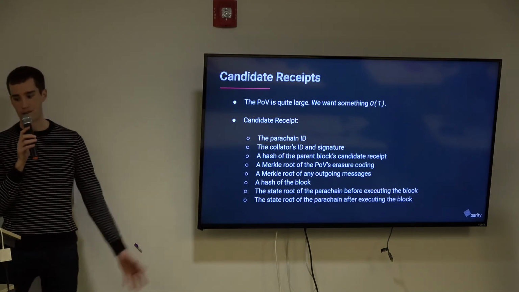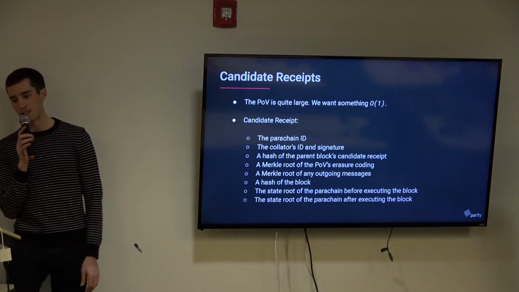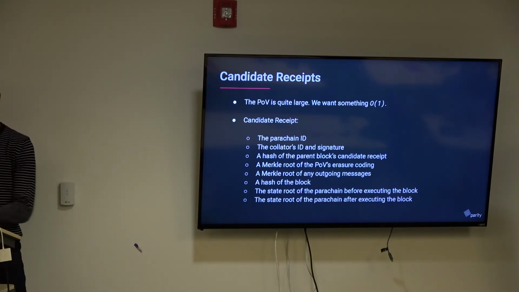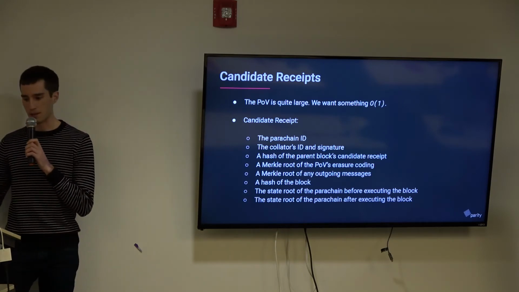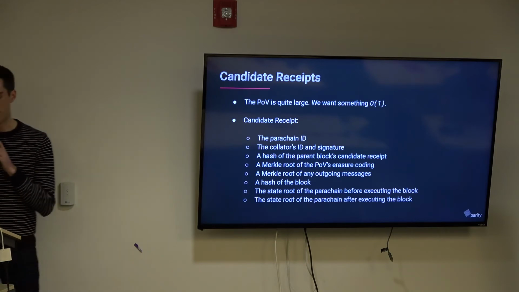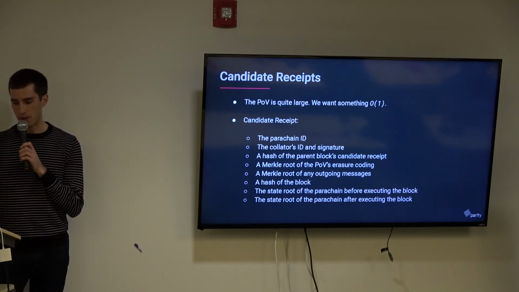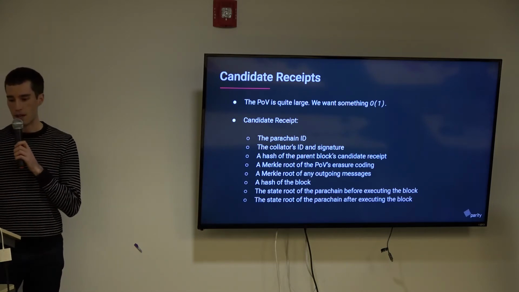Hash of the block, 32 bytes. You see where this is going, more state roots, all 32 bytes. And so the collators have to prepare this thing, and it ends up being, I can't multiply this off the top of my head right now, but 100 or 200 bytes that goes into the relay chain. So this is what actually is going to go into the relay chain.